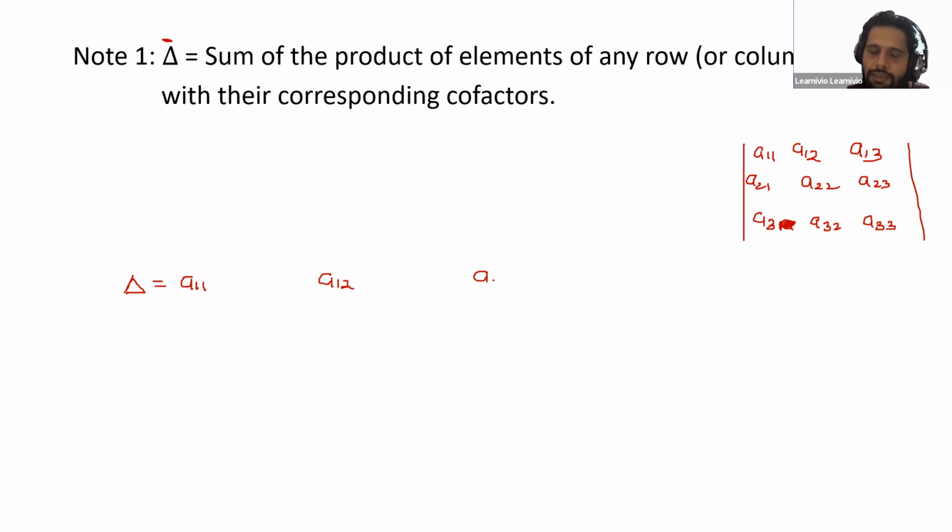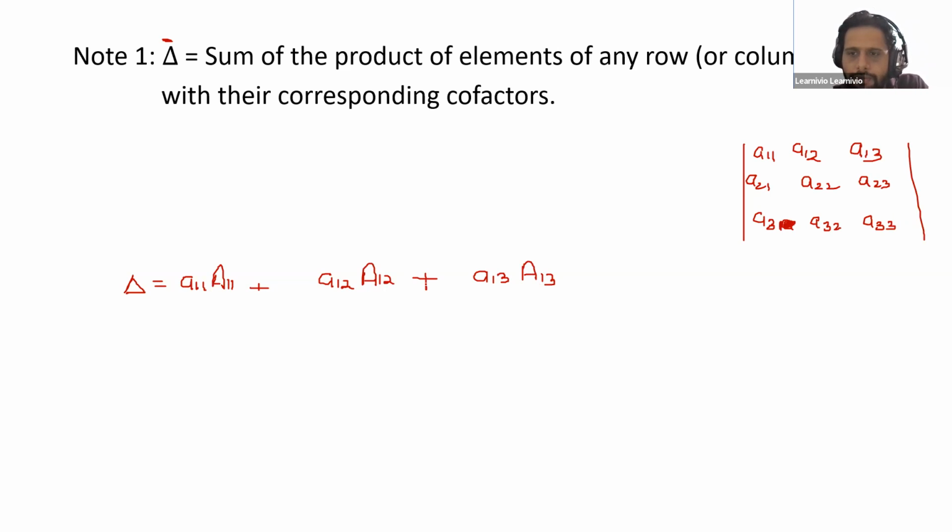If we select the first row and multiply its elements with the cofactors of the same row, that is a11 A11, a12 A12, a13 A13, and add them, we get the value of the determinant.